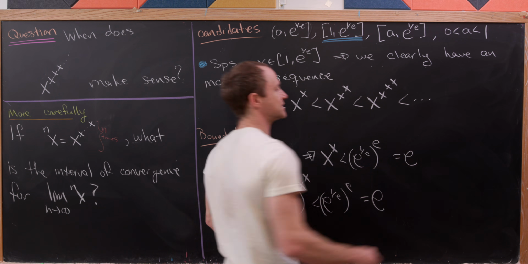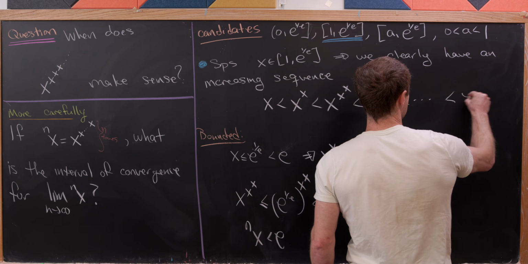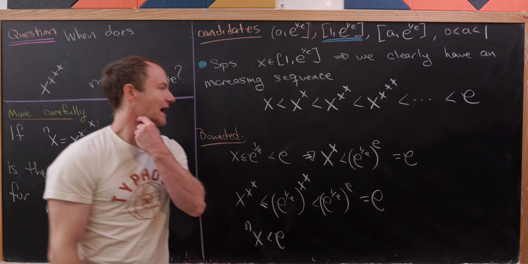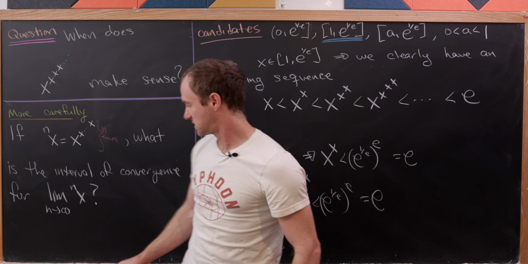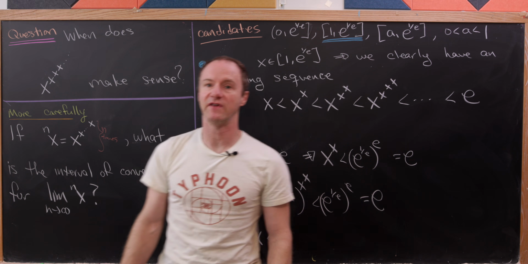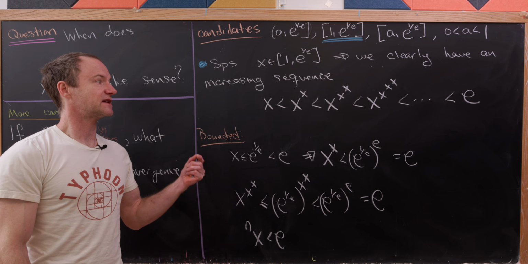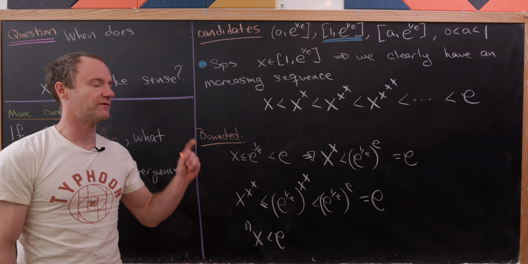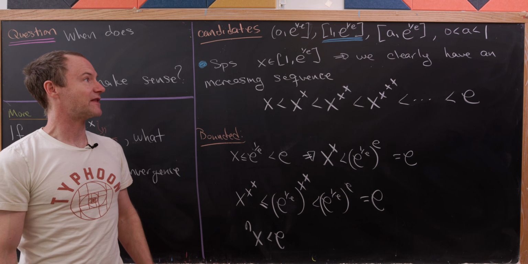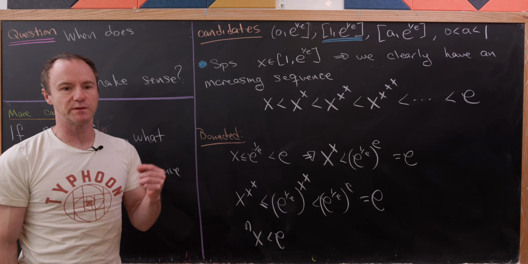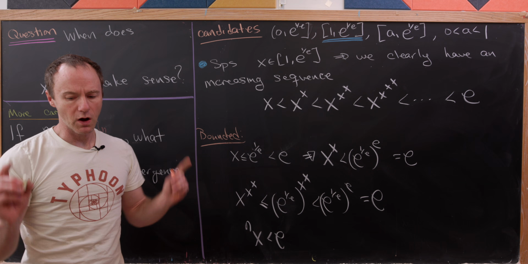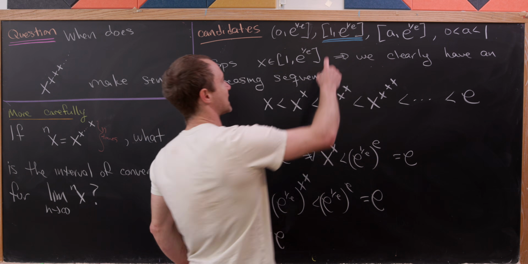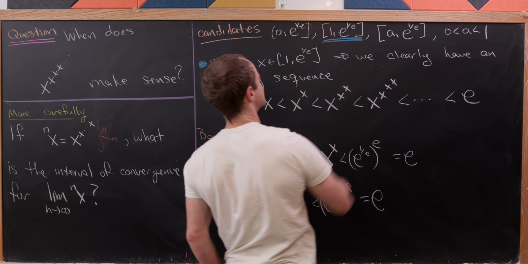But that means we can put an upper bound of e. So our sequence, the nth tetration of x, is increasing and bounded above. But then again, by the monotone sequence theorem, that means we know it converges. Okay, so that's good. We know that it converges on this most restrictive interval.